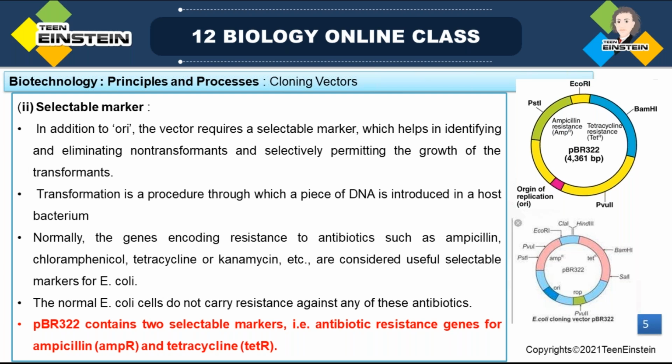So when we add these E. coli cells into a medium containing any of these antibiotics, the resistant ones, the recombinant ones, can survive. Non-recombinant ones will die, because those antibiotics will block the vital process, or block the growth of the bacteria which doesn't have the resistant gene in it.